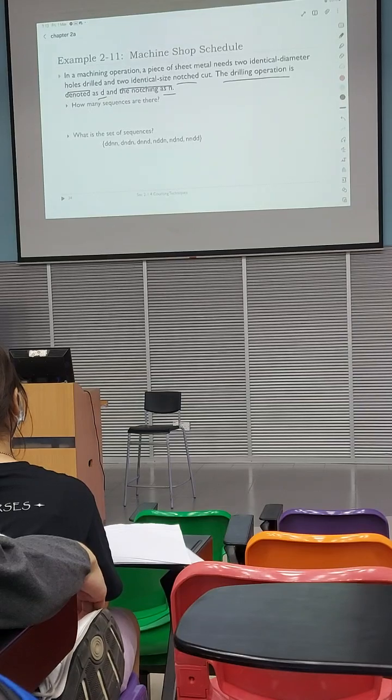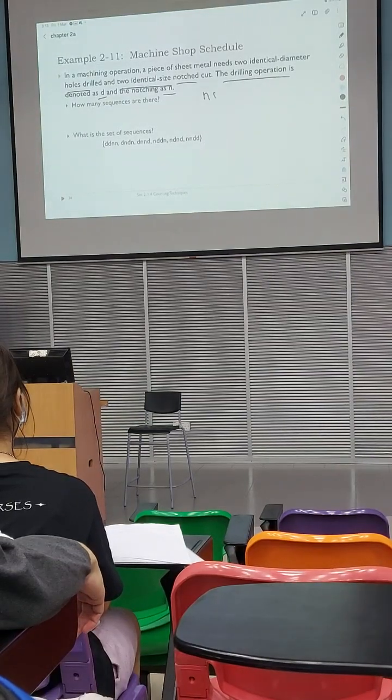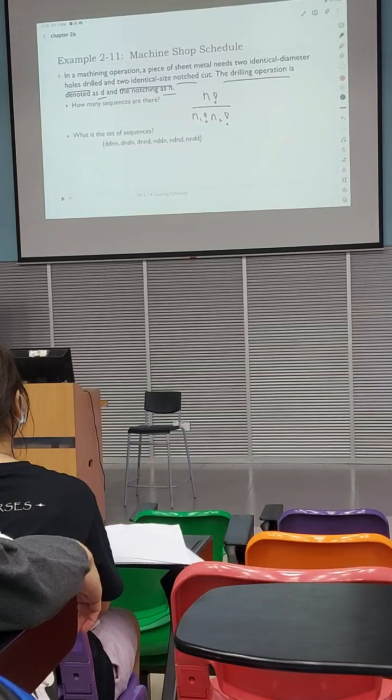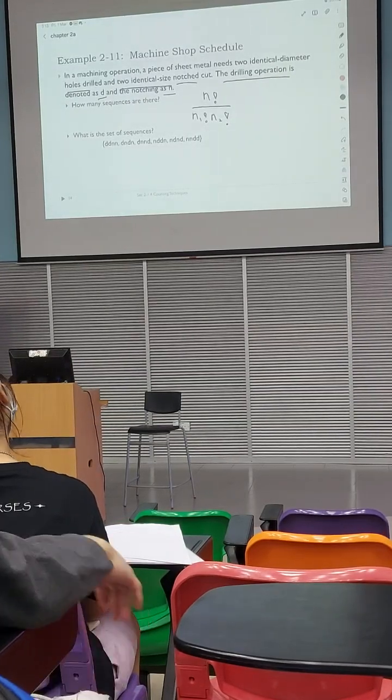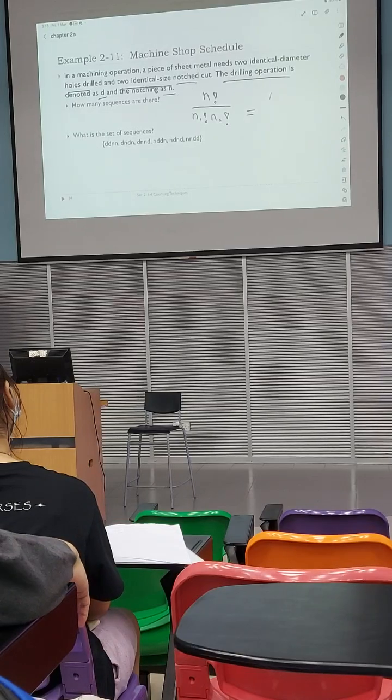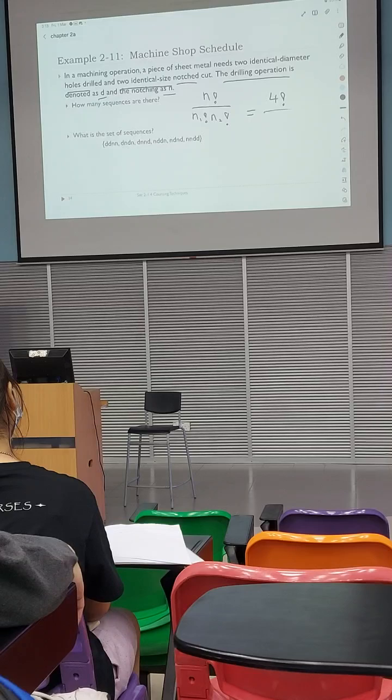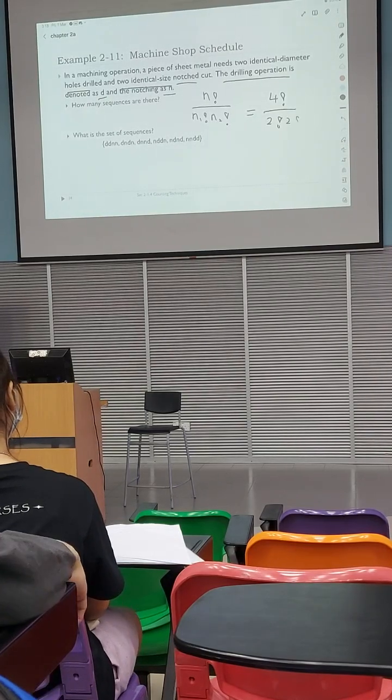We apply n factorial divided by n1 factorial divided by n2 factorial, because we have two identical of each. Altogether we have 4, so 4 factorial divided by 2 factorial divided by 2 factorial, which gives the answer 6.